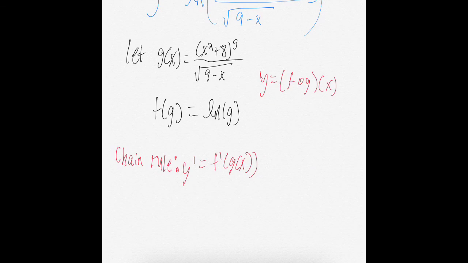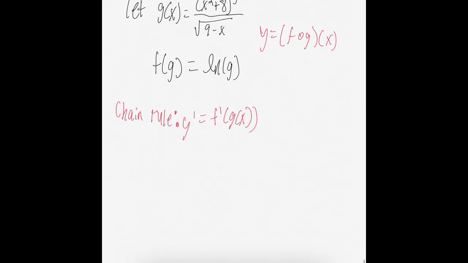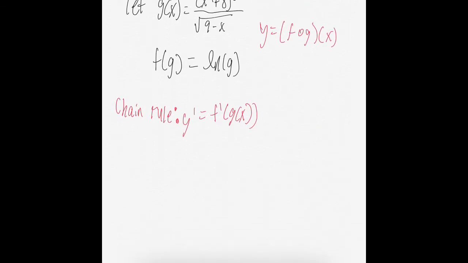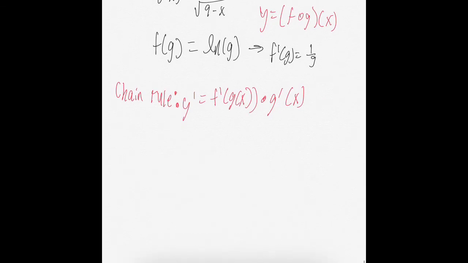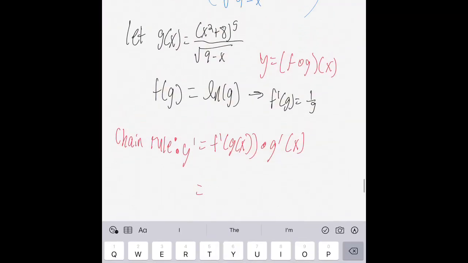I should mention that y is equal to f composed with g of x, which I will not take the time to show here, but you should if you are not comfortable with that. So y prime equals f prime of g of x times g prime of x. We can go ahead and do f prime of g of x. Since f of g is ln of g, f prime of g is just 1 over g.